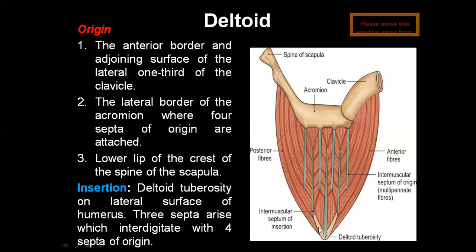So three septa are actually arising from the deltoid tuberosity, which interdigitate between the four septa of origin that have come from the acromion process. So they are interdigitating. Altogether, how many do we have? 1, 2, 3, 4 superiorly, 1, 2, 3 inferiorly. We have 7 intermuscular fibrous septa, in between which we have multipinnate fibers of the deltoid taking their origin.